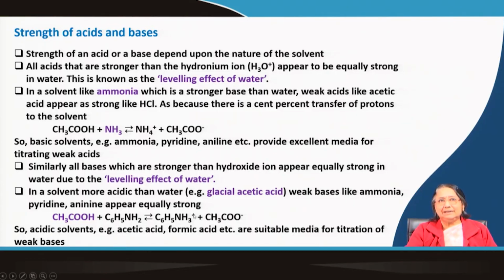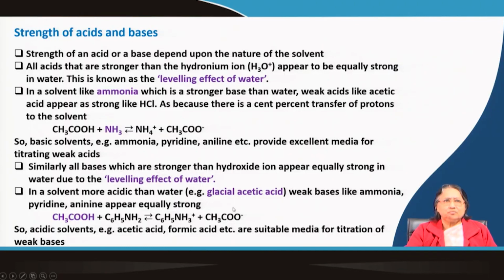In a solvent more acidic than water, that is glacial acetic acid, weak bases like ammonia or pyridine or aniline behave differently. Aniline is a weak base, so it is not completely dissociated, but if you take acetic acid as a solvent, then it will act as a strong base.